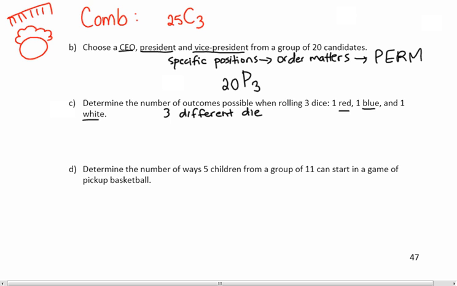So if I have a 1 on the red, a 2 on the blue, and a 3 on the white, that would be different than a 3 on the red, maybe a 1 on the blue, and a 2 on the white. The key here is different colors, so 3 different dice, order matters.